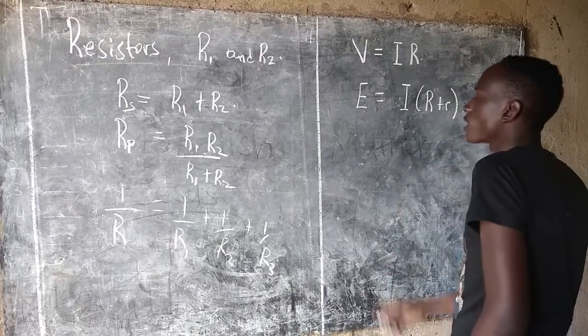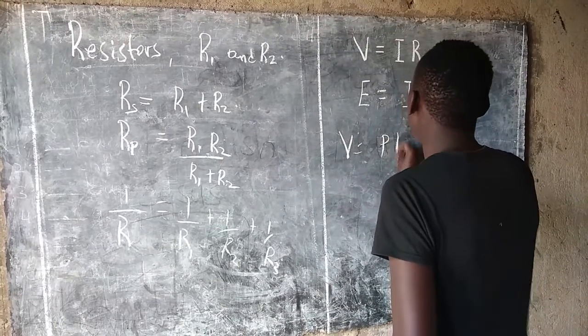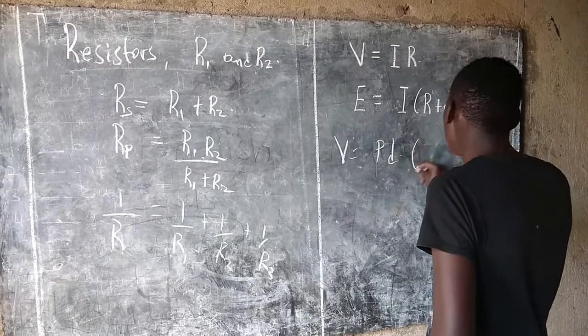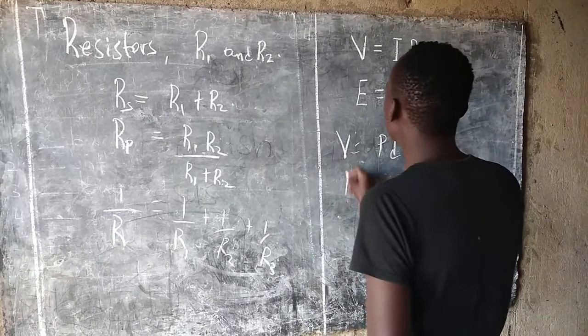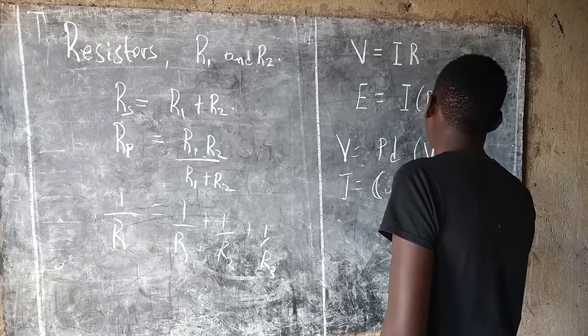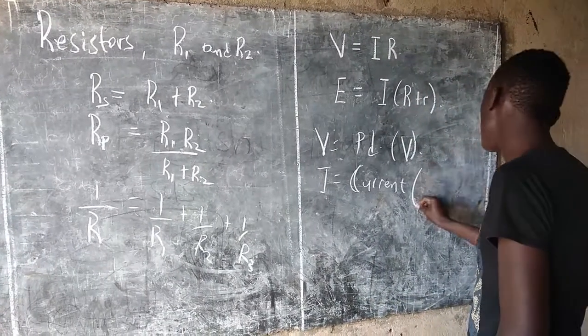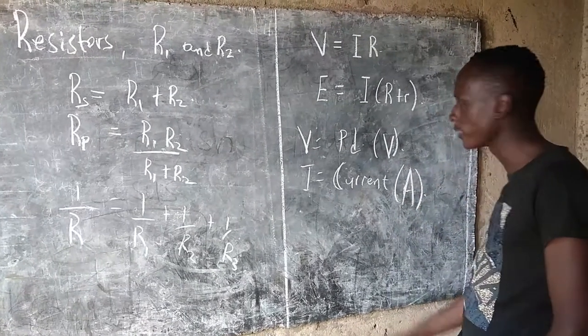So let us define some key terms here. The V that we are talking about here is the PD, potential difference or voltage. It is measured in volts. It is a capital V. This I we are seeing here is current. The current is always measured in amperes. Amperes is capital A. You know that, I think.